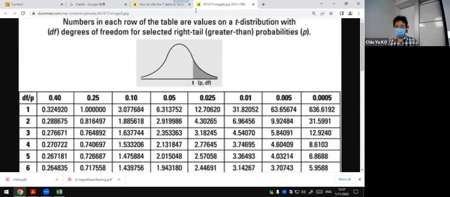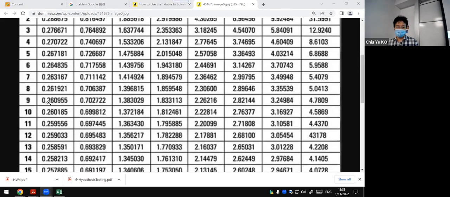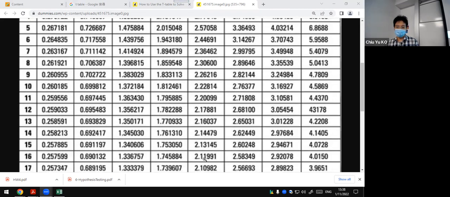That means I'm looking at this particular column: 1, 2, 3, 4, 5, the fifth column. Then I'm looking at degree of freedom 15, so just this guy, 2.13. Can you see that? I just circled that one. Is that clear how we find it?